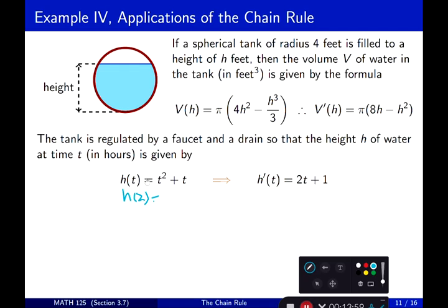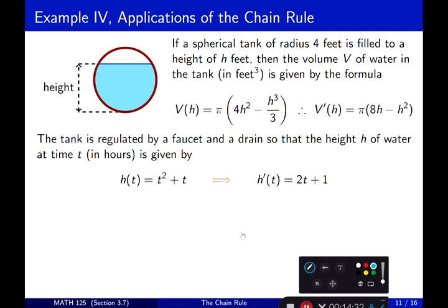And I get 2 to the power 2 plus 2 is 6, and I can plug in h'(2), and I end up with 2 times 2 plus 1, 5. So this is a little bit different from what we did previously, where if the t was given, I didn't have a function to plug in, but now I have a function to plug it all in.